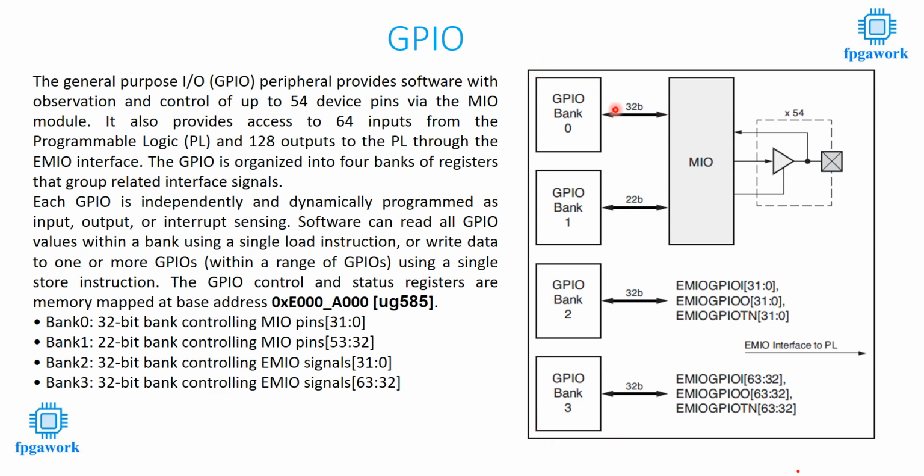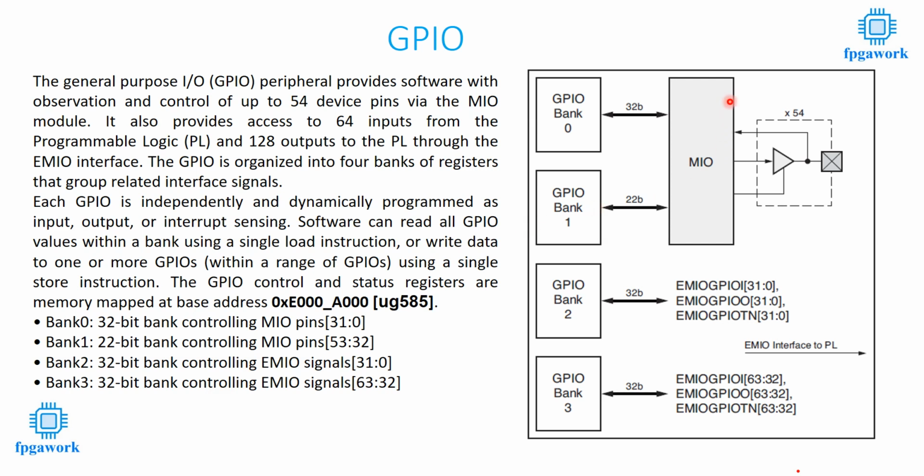Basically we have 4 different GPIO banks. As I mentioned at the very beginning of the lecture, GPIO bank 0 and 1 are being programmed or controlled via MIO. They cannot be routed to PL. Bank 2 and 3 can only be routed to PL via EMIO.